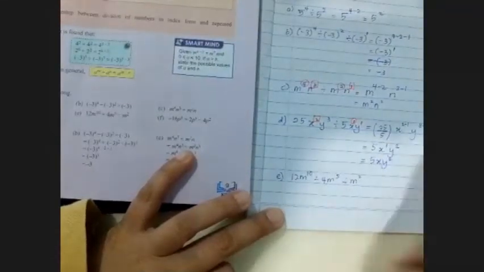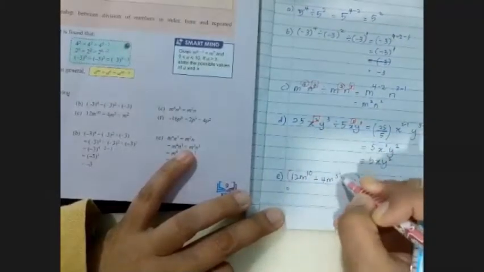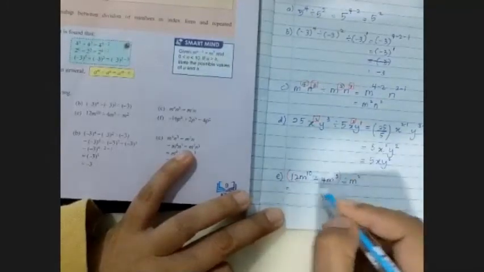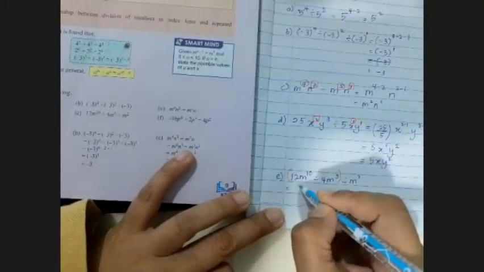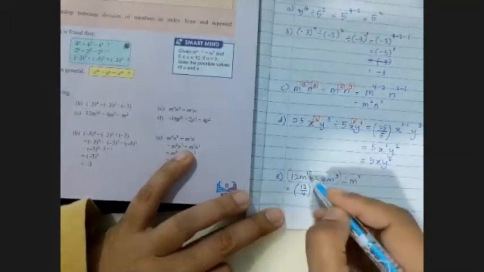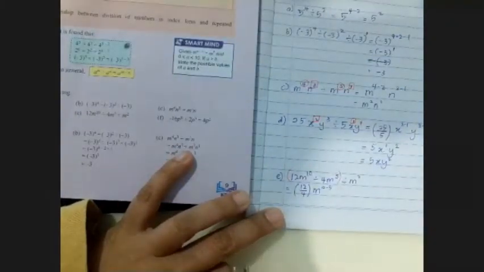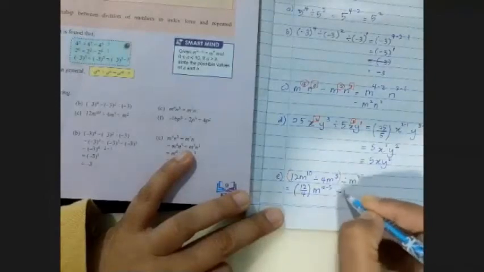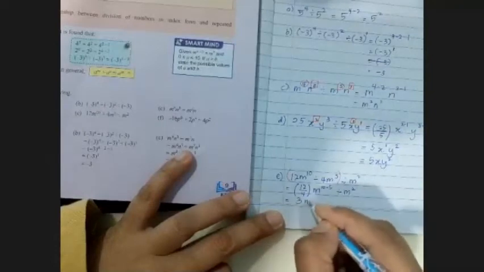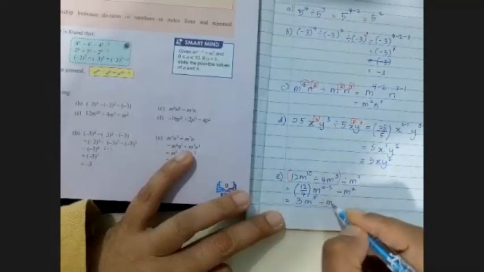Now, for your safety, you solve the left hand side first, first and second term. 12 divided by 4, m 10 minus 5. We solve one by one from the left hand side, and we copy the third term. This is 3m power of 5 divided by m power of 2.